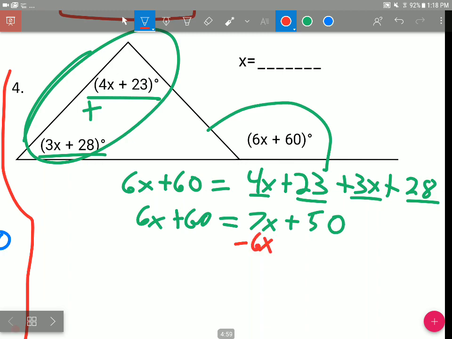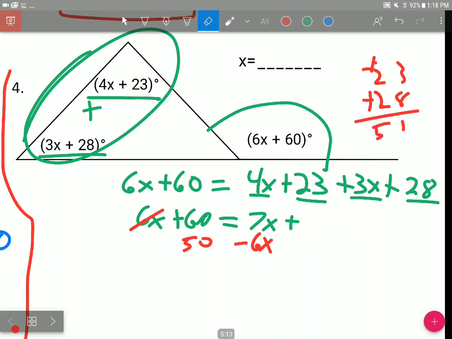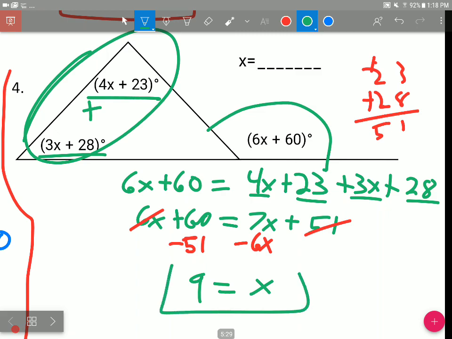So subtract 6x and I'll subtract 51. 60 minus 51 is 9. Therefore, x equals 9. I know I had to fix that, but hey.